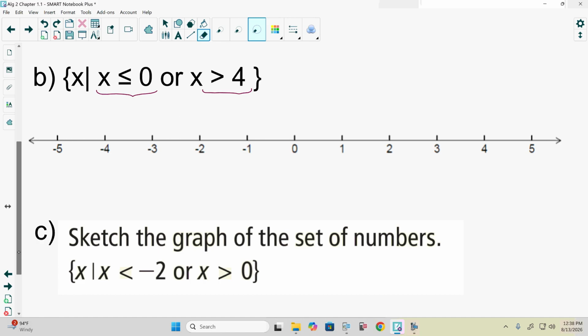So let's focus on it first. So at 0, I would have a circle, yes? Would it be filled in or open? Filled in because we have that equal sign. Now, would we shade to the left or to the right? Left.